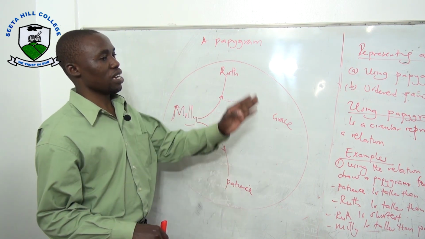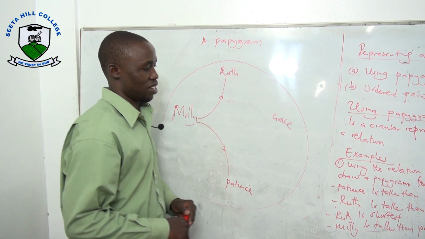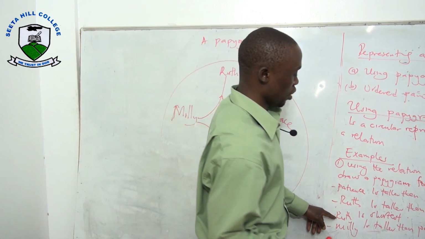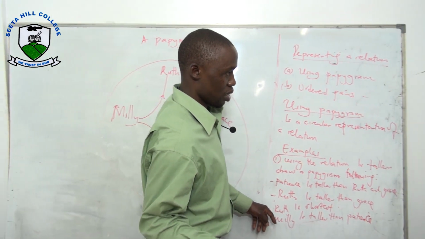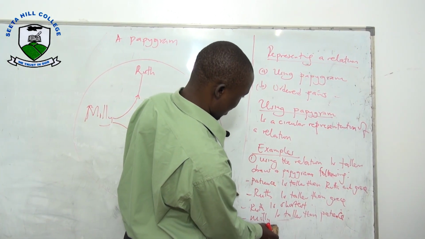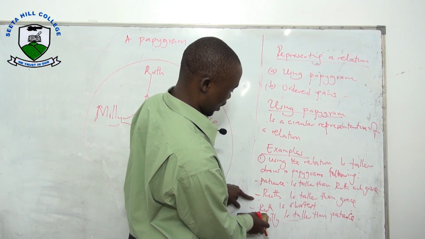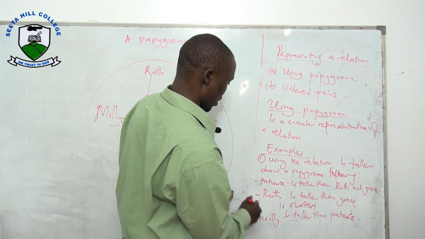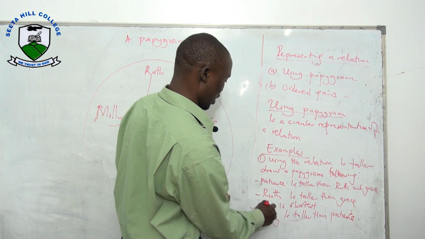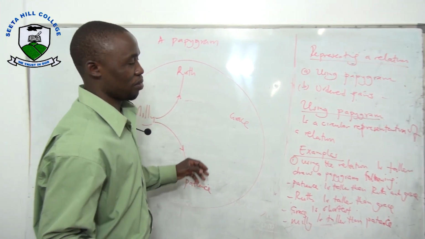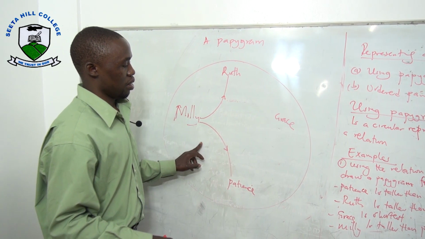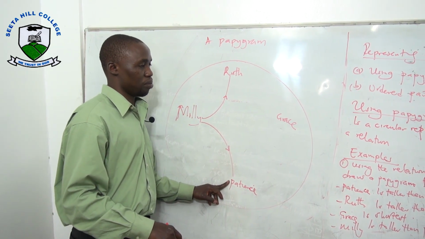Millie is taller than Grace. Grace is the shortest. Who is the shortest? Grace. The last statement: Grace is the shortest. Yes. Now we continue. Patience is taller than who?